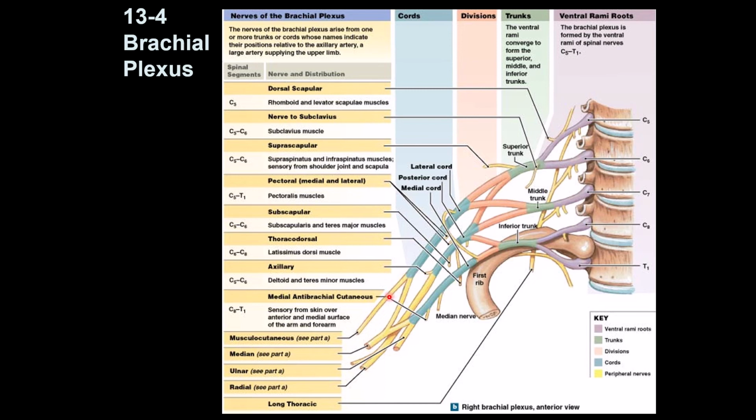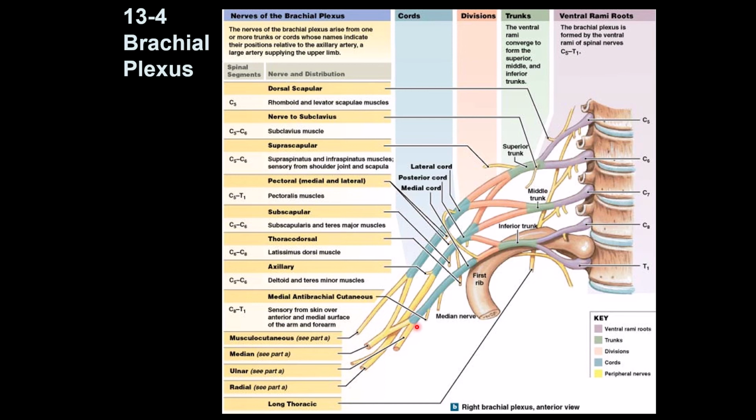And this one is the musculocutaneous, which I will talk about in the next slide. And then here you can see that the medial and lateral cords combine and make the median nerve. The posterior cord continues as the radial nerve, and the rest of the medial cord continues as the ulnar nerve.